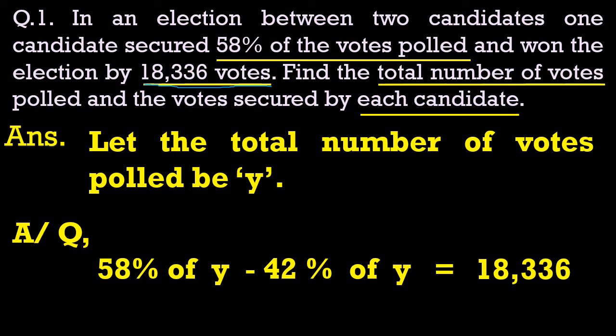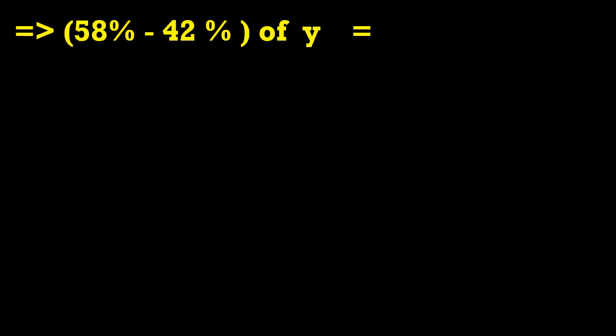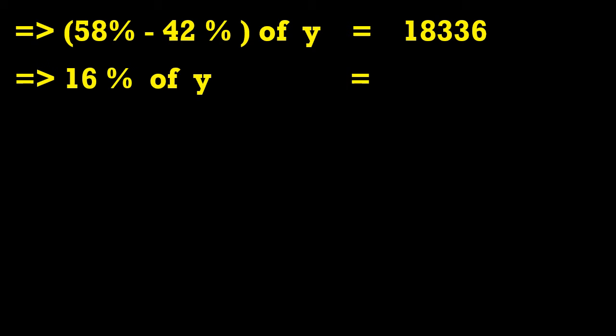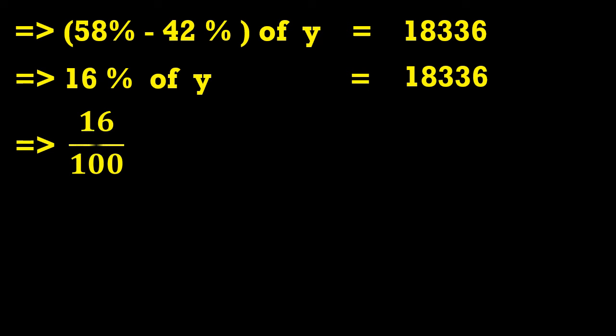Now, next, we can take Y as common. So 58% minus 42% will give us 16% of Y. And 16% is 16 by 100. So 16 by 100 into Y equals 18,336.